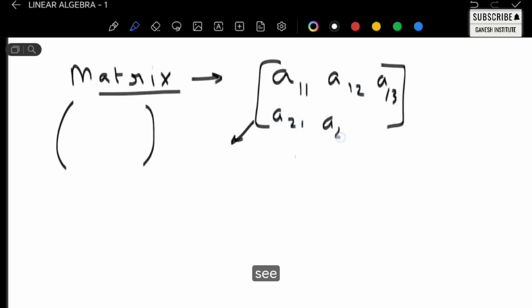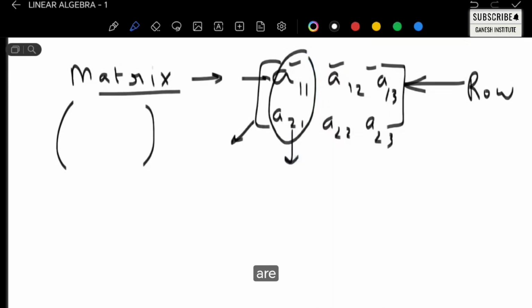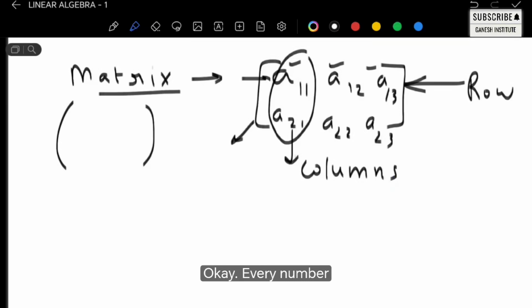What you can see, these horizontal numbers, this arrangement, is a row, and the vertical ones are columns.